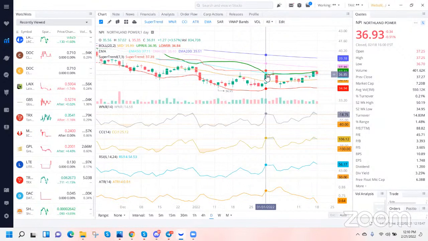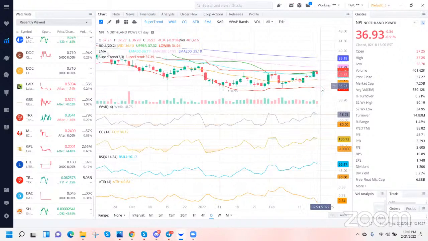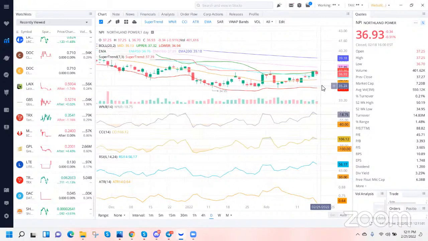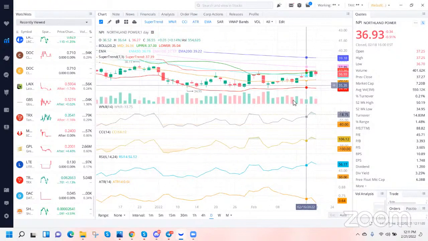It touched the upper Bollinger Band, then had a correction, and then it has been on downtrend since the first week of Feb. So Vivek, just before we comment, are you currently holding it or are you thinking to enter? No, I'm thinking to enter. I mean, not at this level, but it's on my watch list.